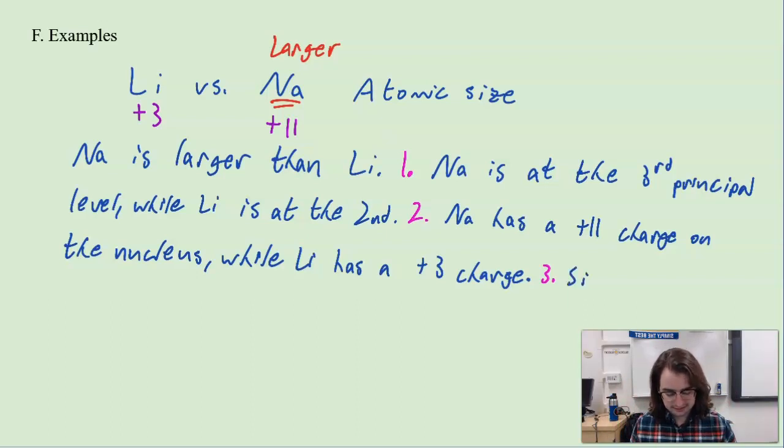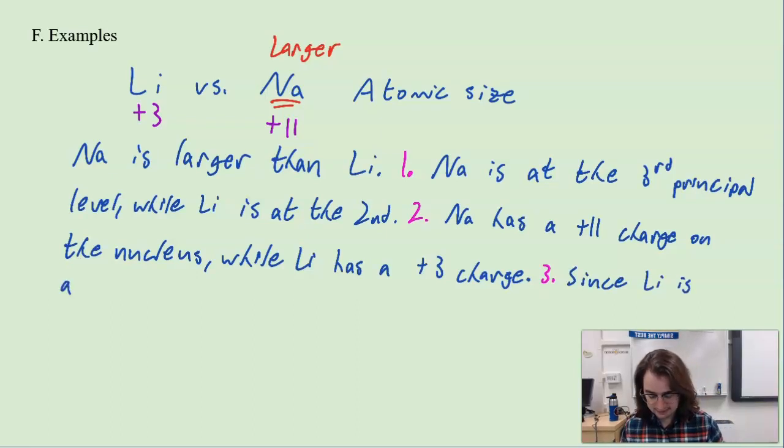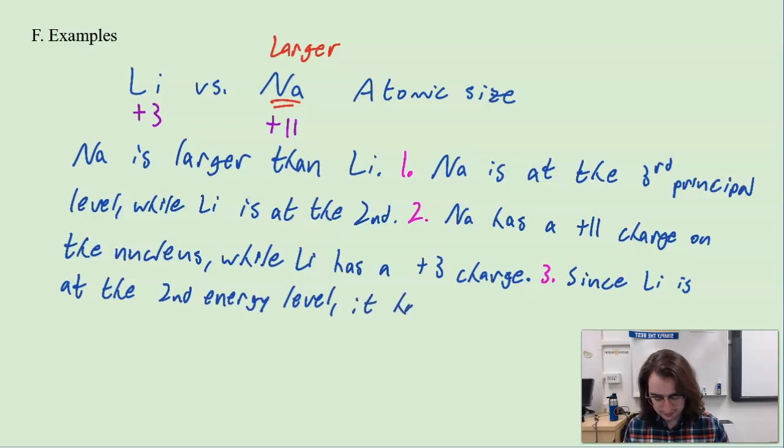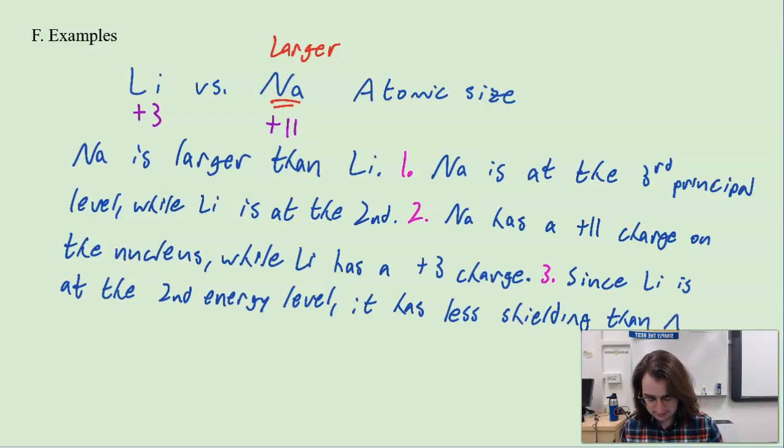So we'll say since Li is at the second energy level, it has less shielding. It has less shielding than Na, meaning it is smaller. So that's all it takes.